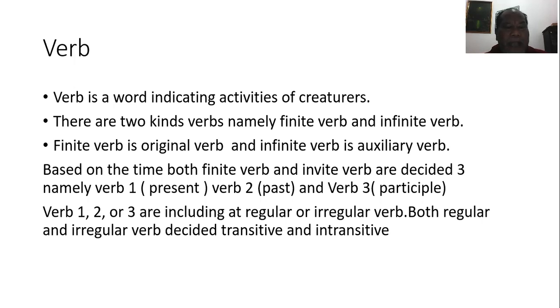There are two kinds of verb, namely finite verb and infinite verb. Finite verb, kata kerja terbatas, and infinite verb, kata kerja tak terbatas. Finite verb is original verb and infinite verb is auxiliary verb. You know original verb? Original verb is the origin, like go, like swim.